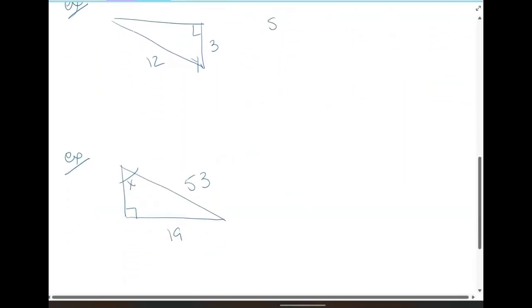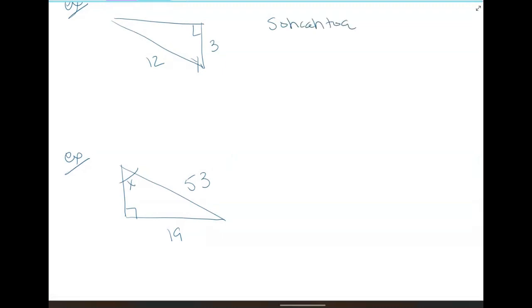All right, so we have our SOHCAHTOA that helps us determine which trig function we need to solve for the angle measure. So y here is my missing measure. And what side ratios do I have in relationship? Well, like I said before, I always like to start with the opposite. That's that guy.